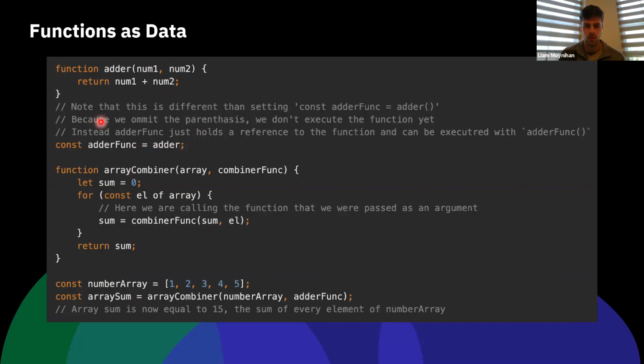We have a little code block here saying we're not using the parentheses, so nothing's actually being added yet. We then define a new function called array combiner. Array combiner is going to take an array and a combiner func, which is just a combiner function. Thing to note, your function argument names can be named anything. It doesn't really matter.